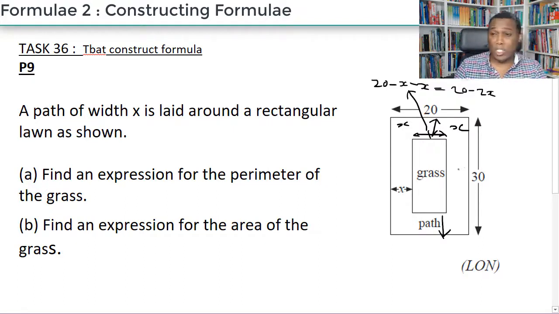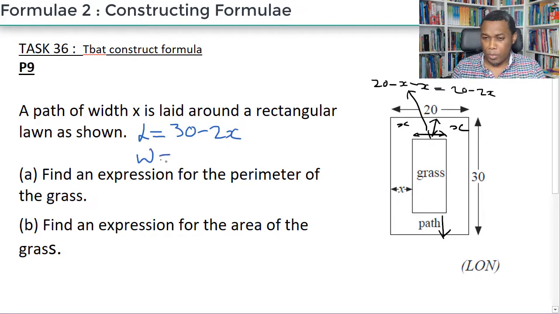So I can write now that for the grass, the length L is equal to 30 take away 2x, and then W is equal to 20 take away 2x. Okay.